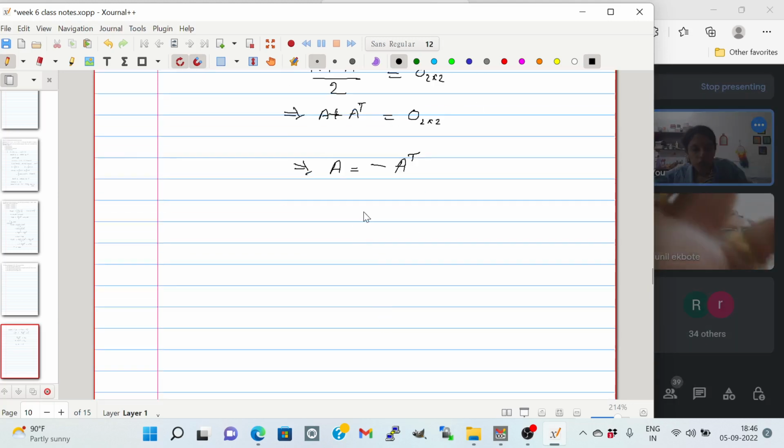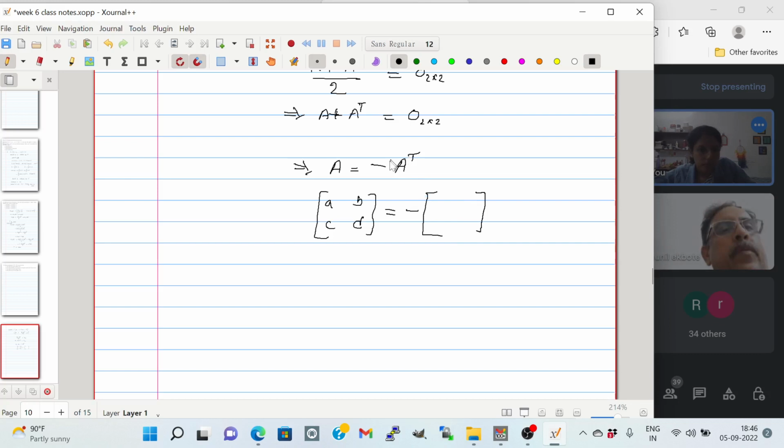Suppose my A is [A, B; C, D]. That means A should equal minus A transpose. What is A transpose? It is [A, C; B, D], because we are just interchanging the rows and columns.